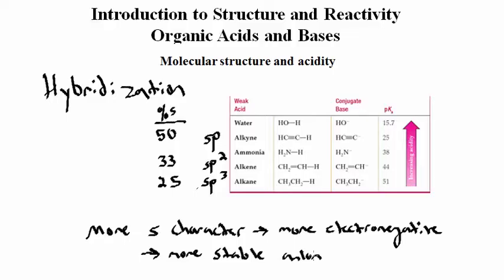So the more S character an atom has, the more electronegative it is, and therefore the more stable its anion. In other words, the more acidic a hydrogen bonded to that atom is going to be. Of those three types of compounds, the carbon in an alkyne, which is sp hybridized with 50% S character, is going to be the most electronegative.